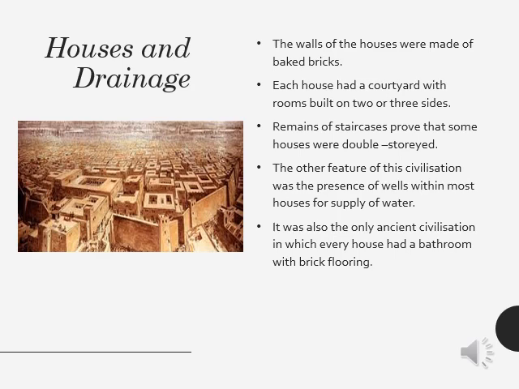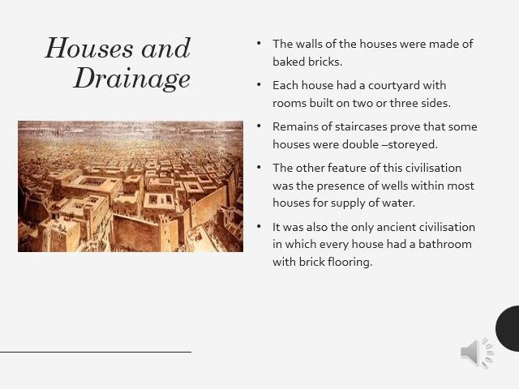The roofs were flat and made of wood. Remains of staircases prove that some houses were double-storied. The other feature of this civilization was the presence of wells within most houses for water supply.